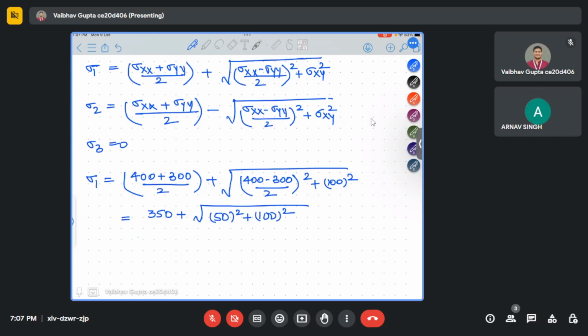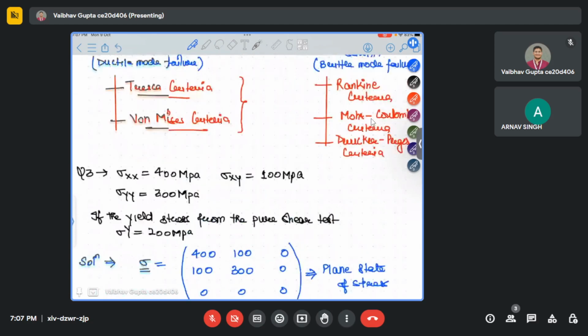If you solve this, you will get sigma 1 as 461.8033 MPa. All these are in MPa.